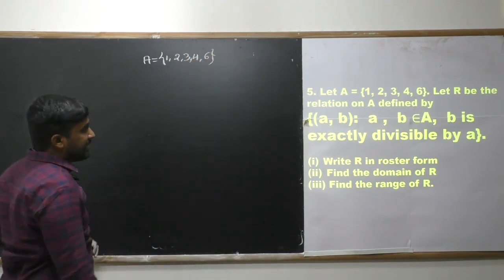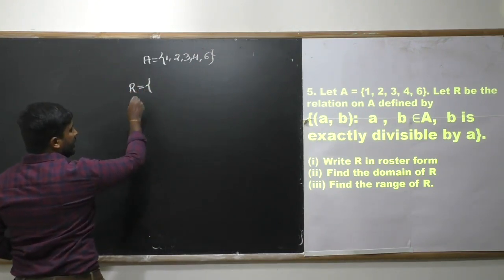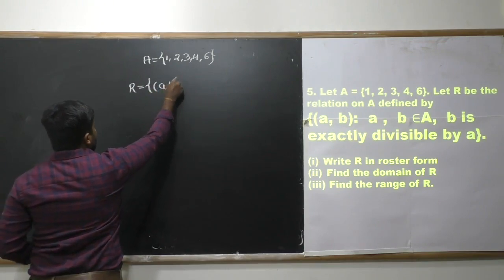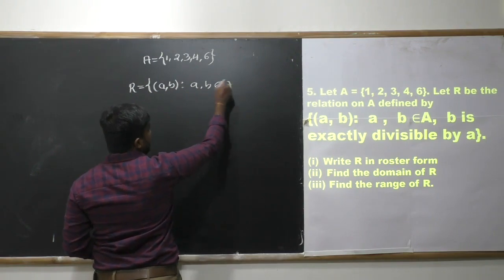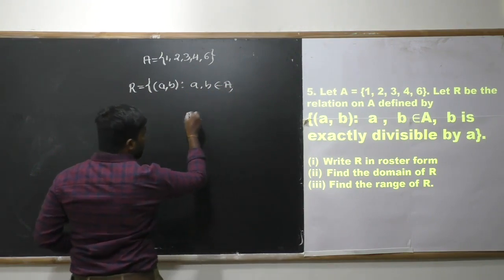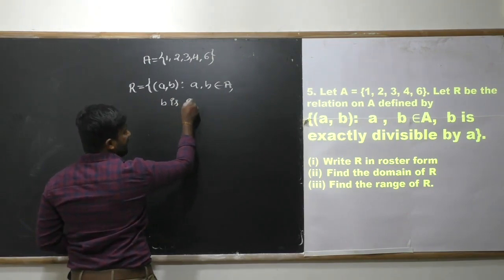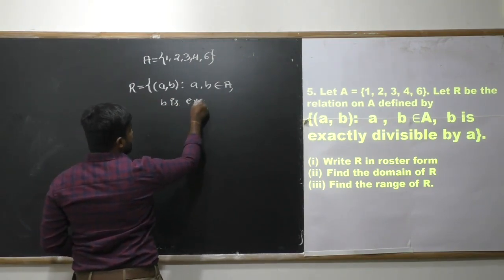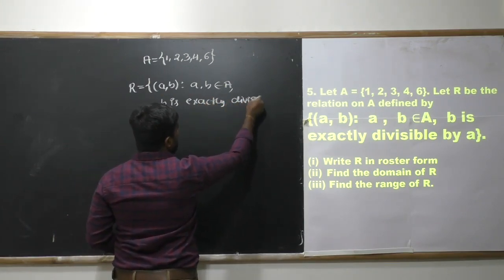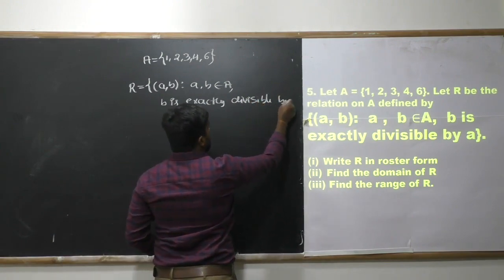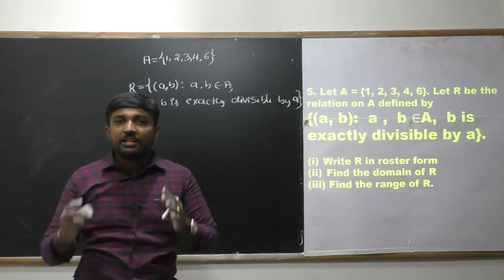Let R be the relation defined by set containing ordered pair A comma B such that A and B both belong to the same set A, where B is exactly divisible by A. This is the given definition of the relation R.